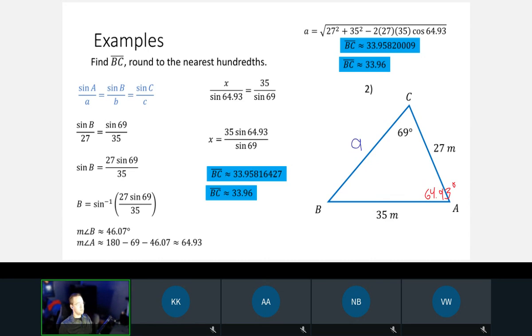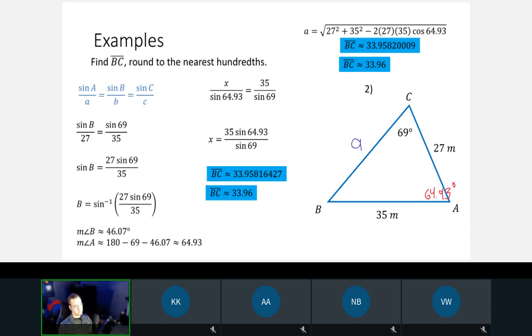For law of cosines, it looks like we did a squared equals b squared plus c squared minus 2 times b times c times the cosine of angle A. So yeah, we had everything we needed.